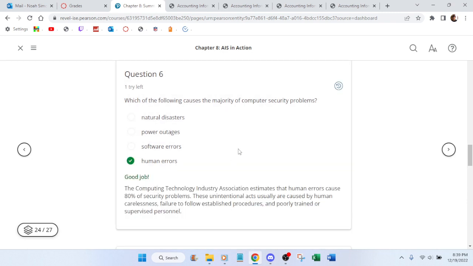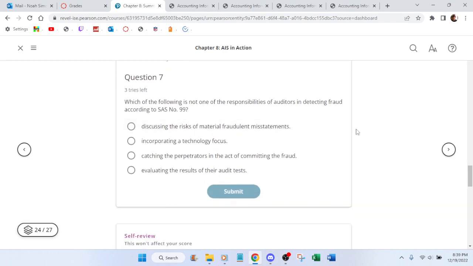It says the majority of computer security problems are caused by human errors. Which of the following is not one of the responsibilities of auditors in detecting fraud?